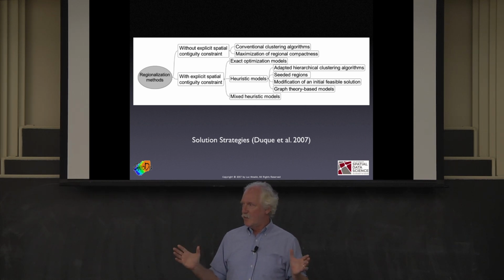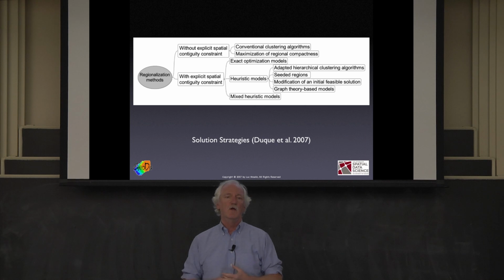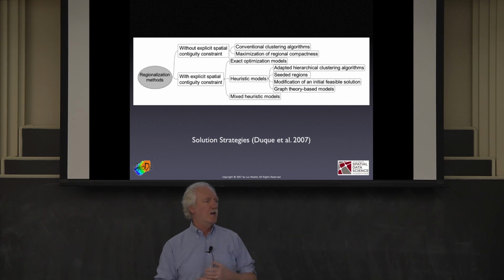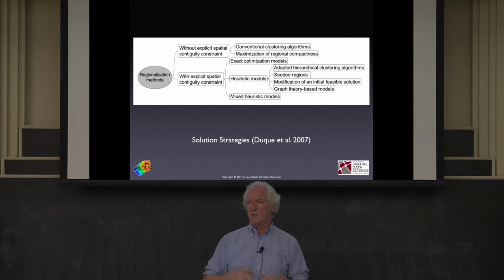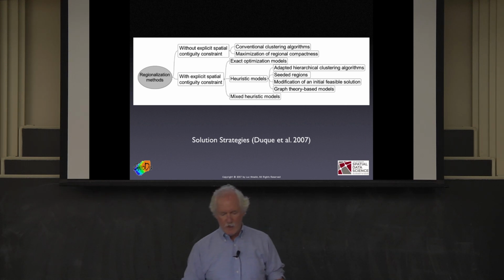Mathematically, these are all the same. There's a huge literature in operations research on location allocation problems in its different flavors with different objective functions and different kinds of constraints. So these spatially constrained clustering methods are really special flavors of that more generic problem.